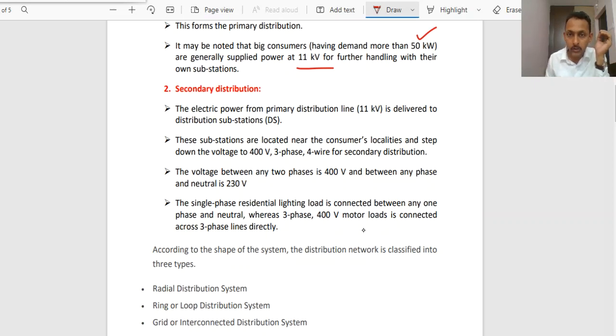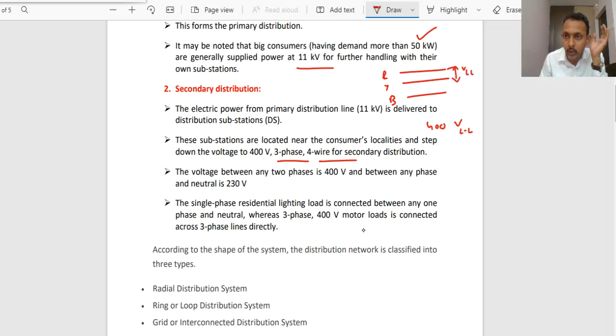But with respect to the secondary distribution, where this 11 kV is stepped down to 400 volts, now this will be carried to the consumers with the help of a three-phase 4-wire system. This 400 volts indicates the line voltage, that means in between any two lines. For example, if you have three lines R, Y, B, this 400 volts is the voltage in between any two lines.